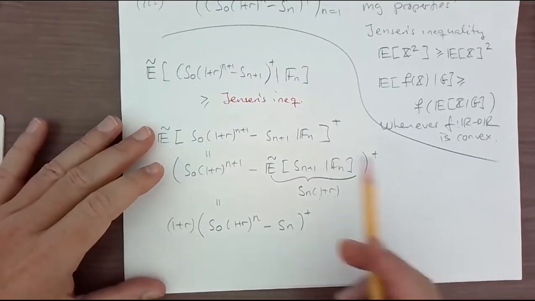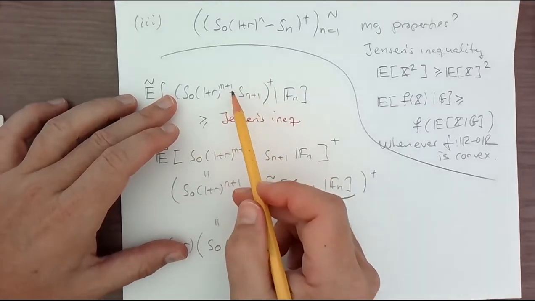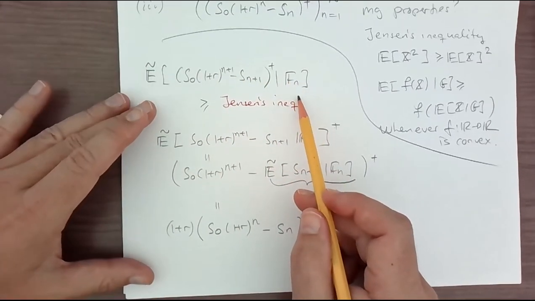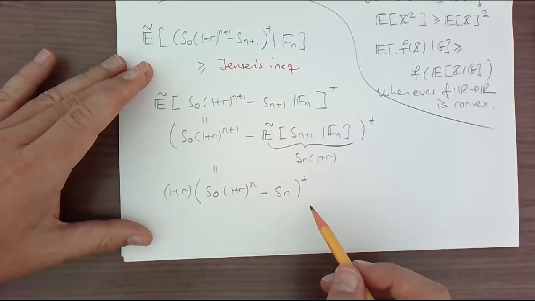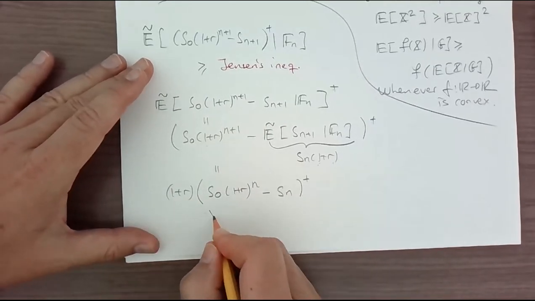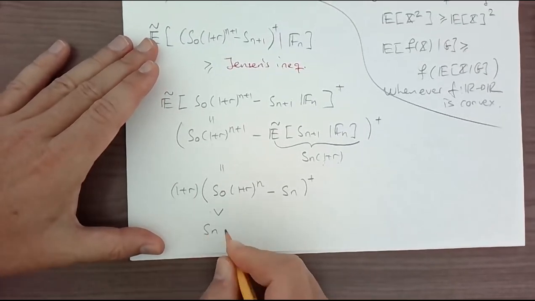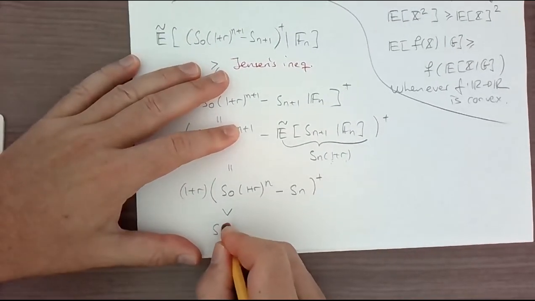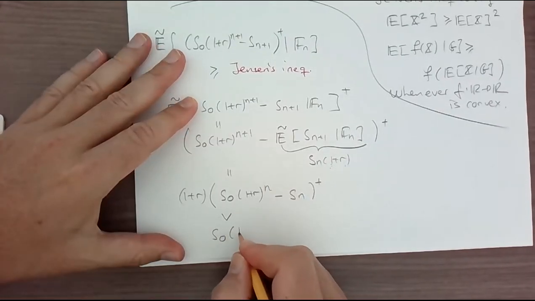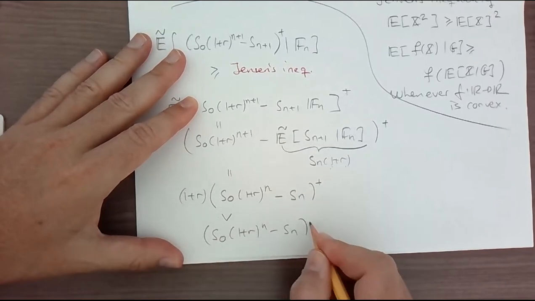What we were interested in was relating the conditional expectation of the process at time n plus 1 to the value that the process would have at time n. And the only difference is this one here. Since r is positive, if I throw it away, I'm going to get an inequality. This is S0 times (1 plus r) to the nth minus Sn, positive part.